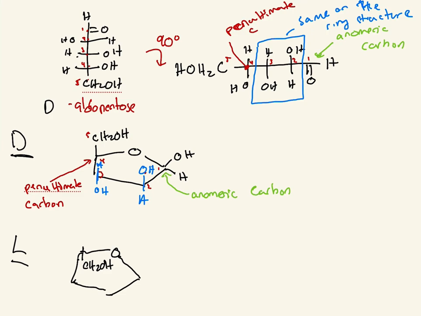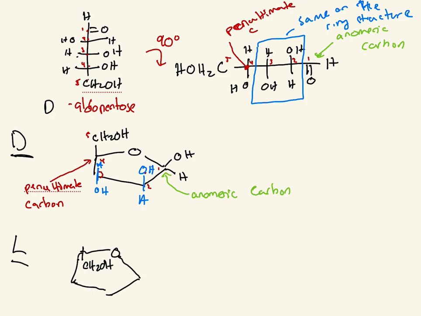Right, so what we've done is you can imagine I grabbed this oxygen here, and I grabbed the anomeric carbon, and I bent the ring to form a bond between those two. When I did that, I ignored the CH2OH, which is why it's not a part of the ring. So this isn't a part of the ring because it's been ignored from the formation here.